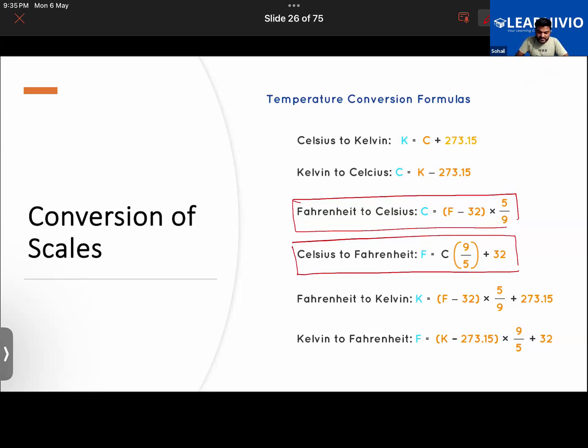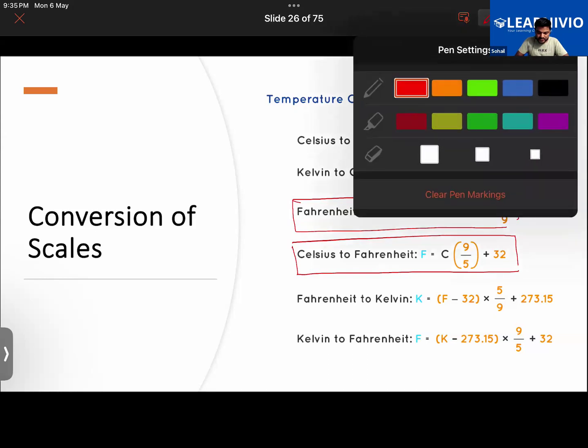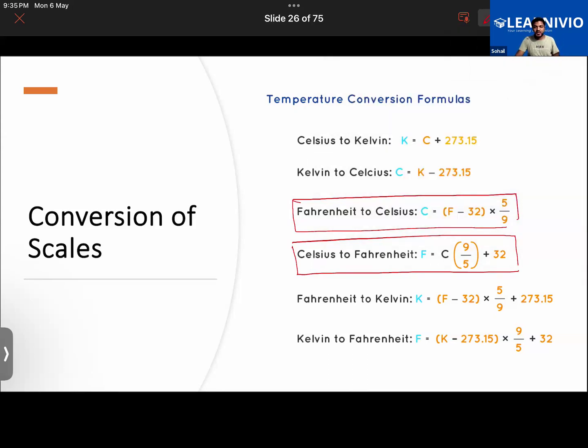Meanwhile, you can answer a few questions for me. Do tell me, what precautions would you be taking while taking a measurement from a laboratory thermometer? And what are the different units of measuring temperature?